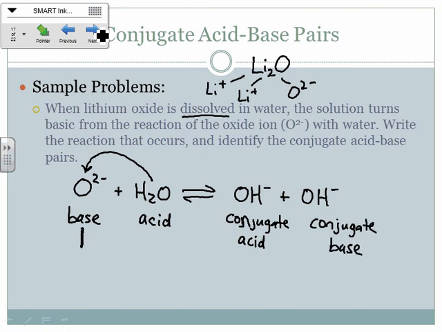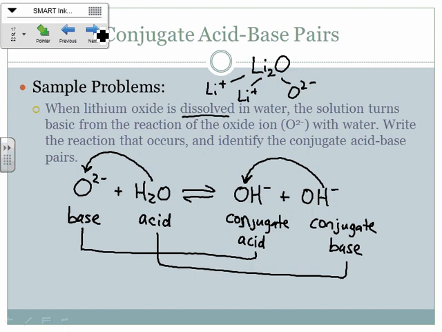It doesn't really matter which one you attach to which, because I don't know which is which here. But in order for this to go back in the reverse direction and reform the O2- and the H2O, one of these OH- has to actually give a hydrogen back to the other one. And that just doesn't happen that often.